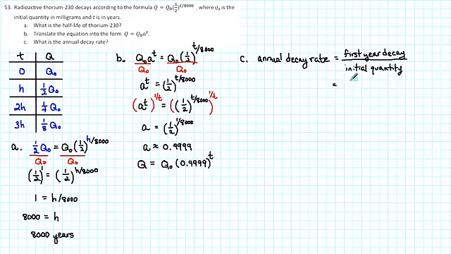The initial amount is Q₀. In order to determine the amount after 1 year, we substitute 1 for T. Q₀ times 0.9999 raised to the first power is equal to 0.9999 times Q₀.